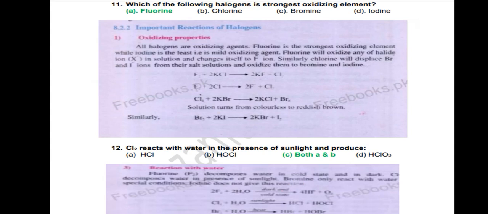So it can gain electrons from all other elements, and that is the reason fluorine is a strong oxidizing element or strong oxidizing agent. While iodine, the last member of this family, is a mild or weak oxidizing agent. So option A will be correct.